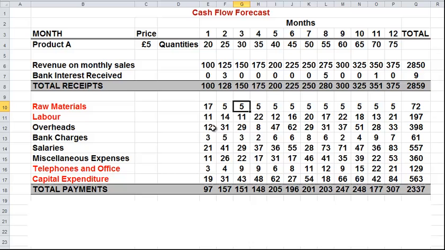So we've just got different figures which we've added in here, and if we add up those figures, 17 plus 11 plus 12 plus 3 and so on, we get 97. And the next one we'd add up 157, and the next one's 151, and so on. So these are our outgoings per month within this particular business.